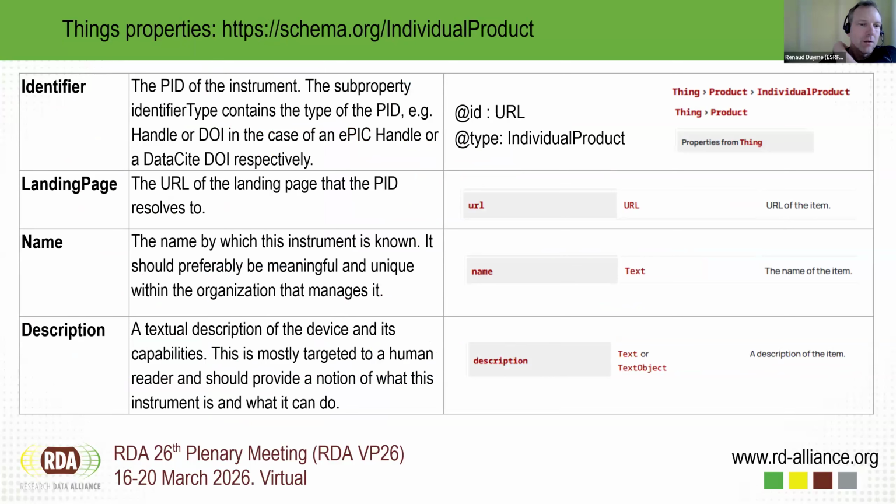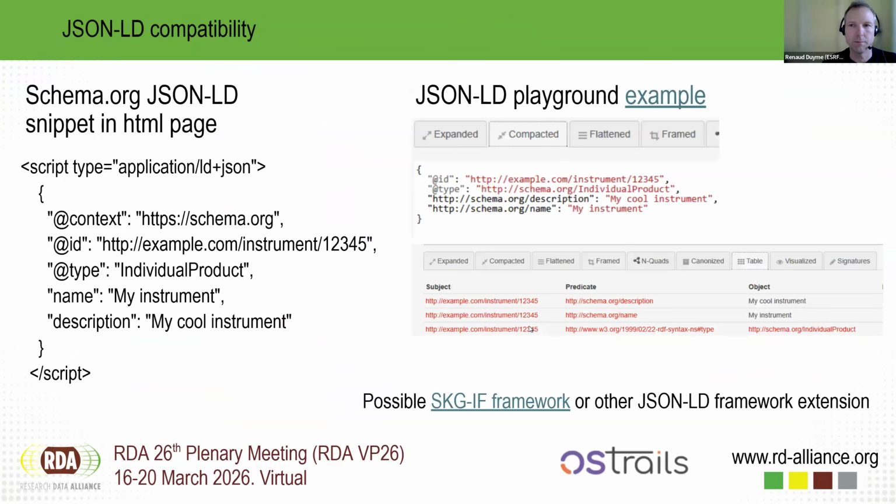So really nothing new on what I'm going to present after. On the left, you have all the fields that are defined in PDINST, with the mapping we can have in schema.org. A part of them are coming from the thing type, so there is an inheritance in schema.org: name, description.